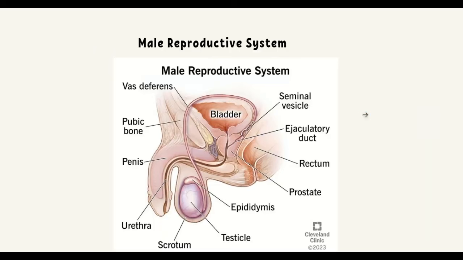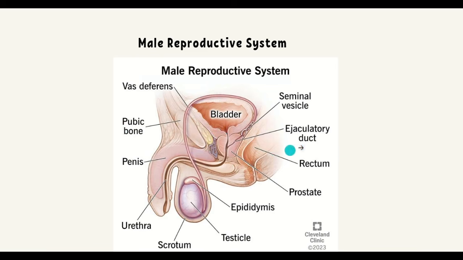Okay, so basically this is the male reproductive system now, and just look at it. This tube right here is called the vas deferens. You have the pubic bone, which is not really too relevant. Then you have the penis, the urethra here, the scrotum, the testicle, epididymis, the prostate, rectum, and then the ejaculatory duct.